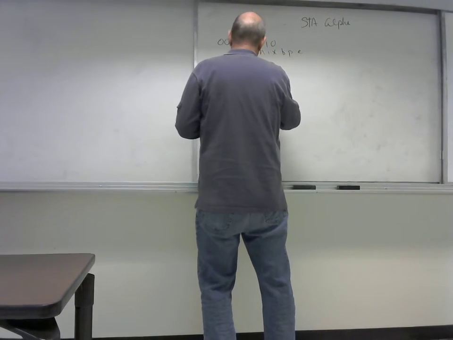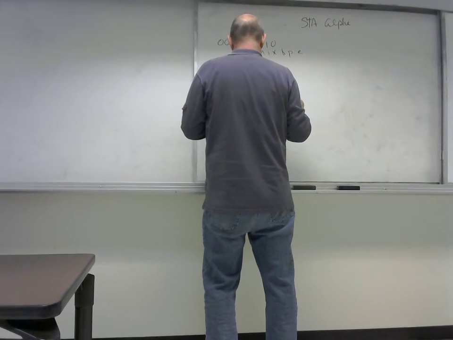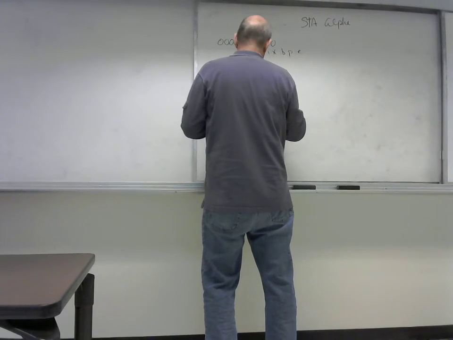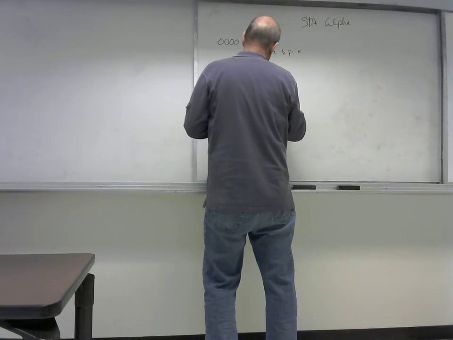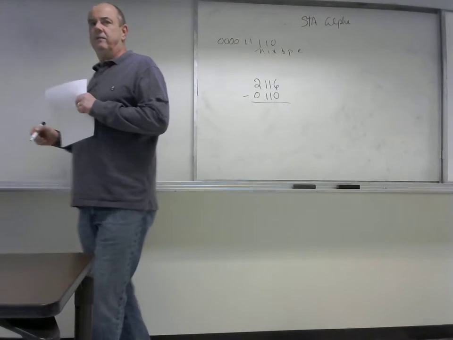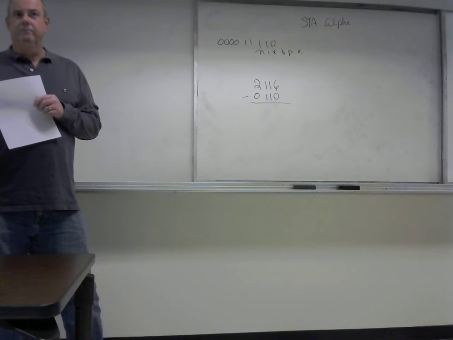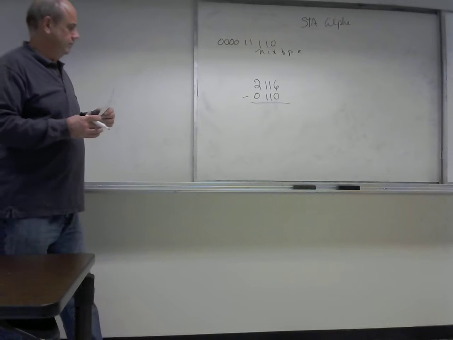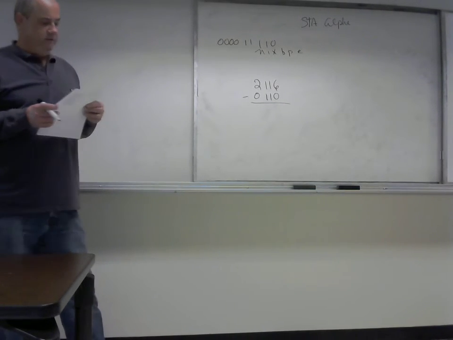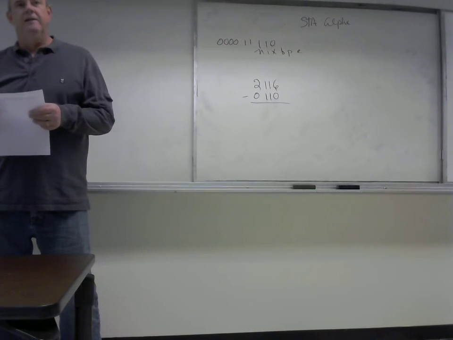So the destination minus source plus 3. Yes? Is that right? What's the source? STA alpha plus 3. Is that right?